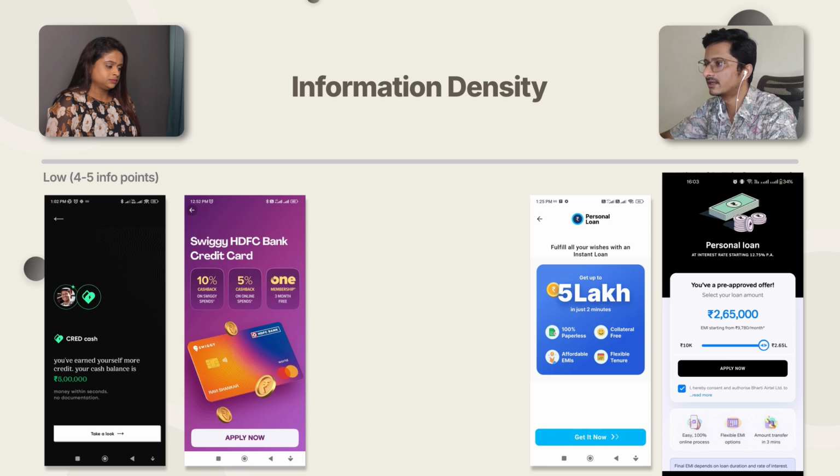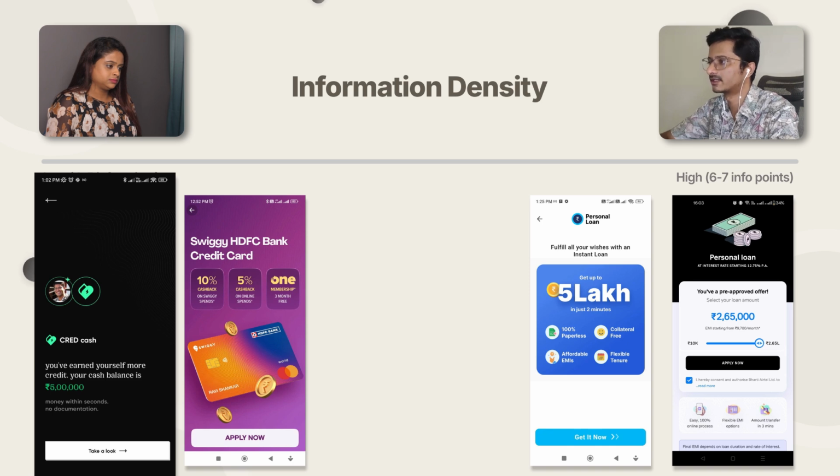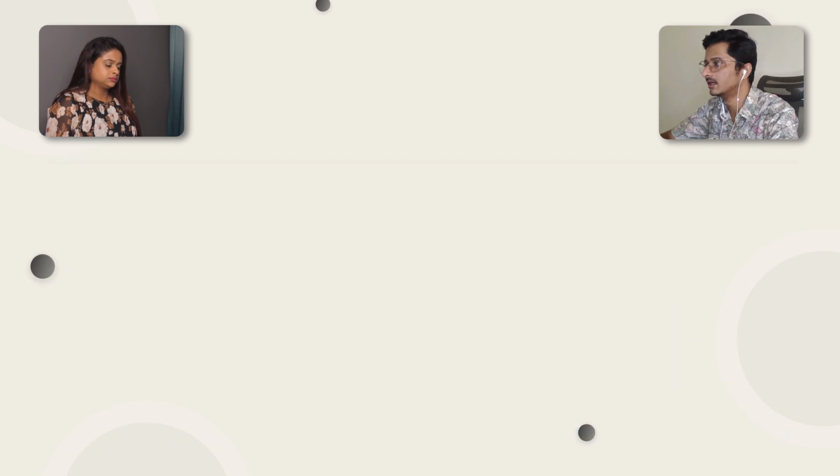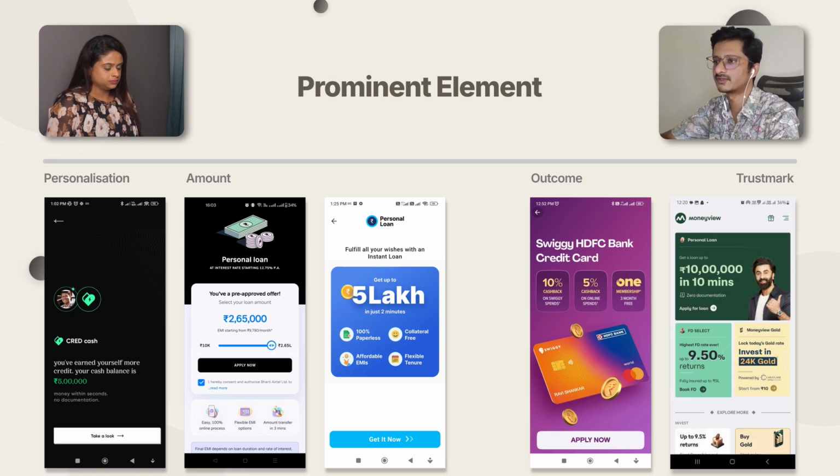I think this balance is very difficult to design, wherein I'm sure Cred came to this design after a lot of testing and iterations. We need to find the right pieces of information that people are looking at a point, and often different people look for different pieces. We've seen that various apps focus on different most prominent elements.